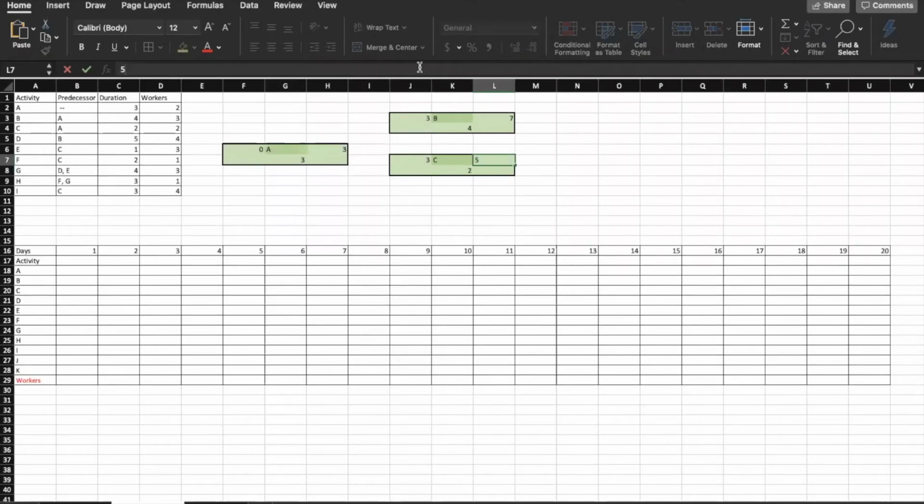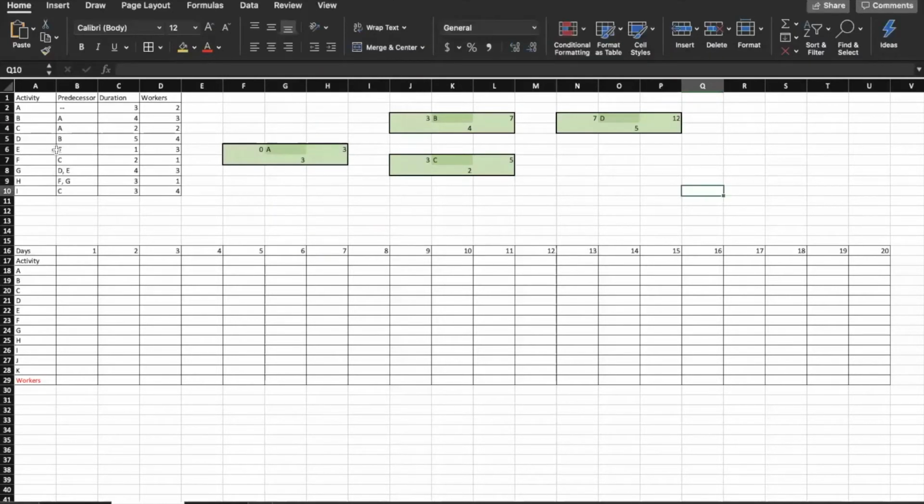And then the next one we have is D, which has B as its predecessor, so I'll put it close to B. And it needs to start on the 7th because day 7 is when B finishes. D takes 5 days to complete, which means that early finish for D would be day 12.